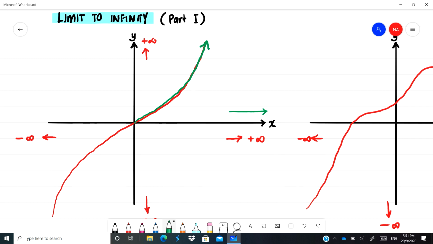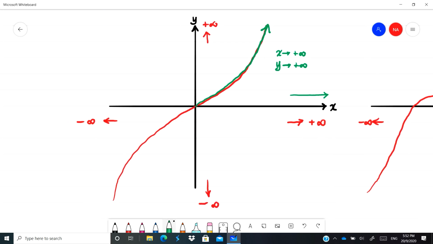It never touches any point, but approaches positive infinity. So as x approaches positive infinity, y will approach positive infinity. What if we look at x approaching negative infinity?